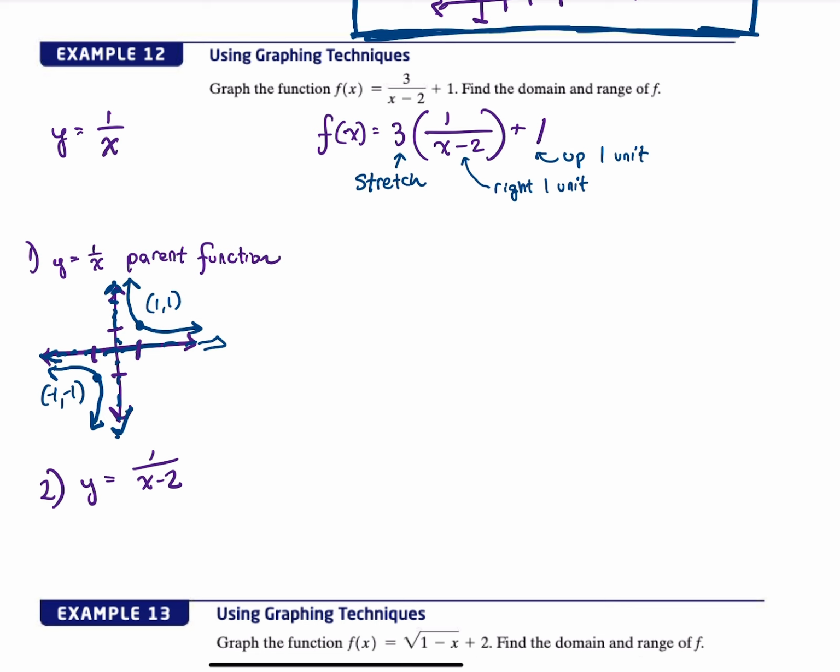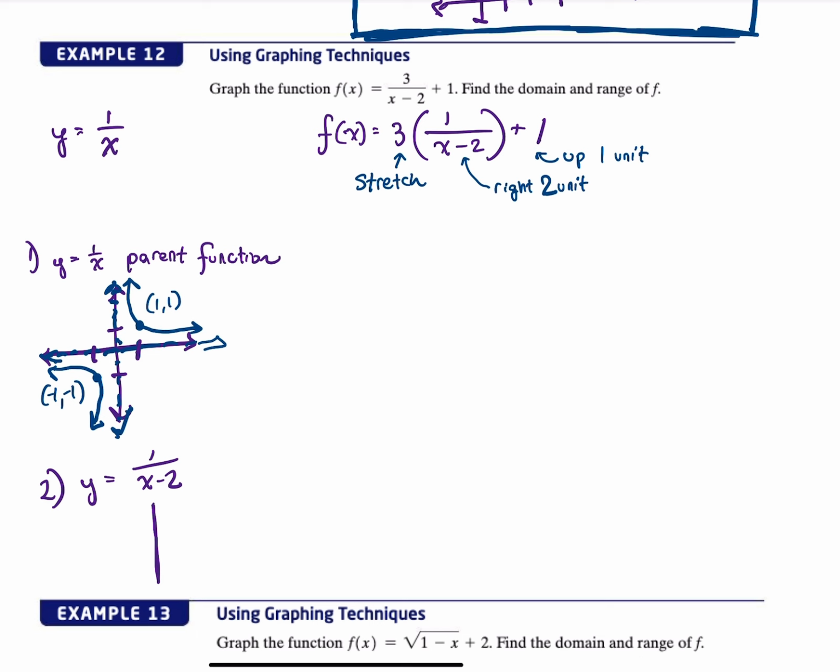Well, this is going to be a shift to the right by 2 units. I wrote 1 unit up here. Definitely should be 2. 2 units. So we'll shift to the right by 2 units. All right, sorry about that.